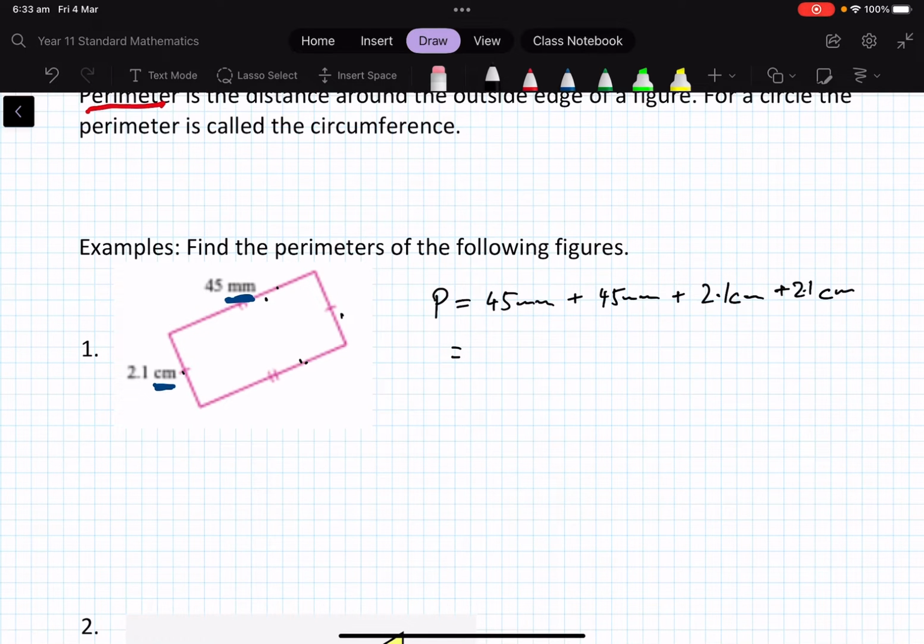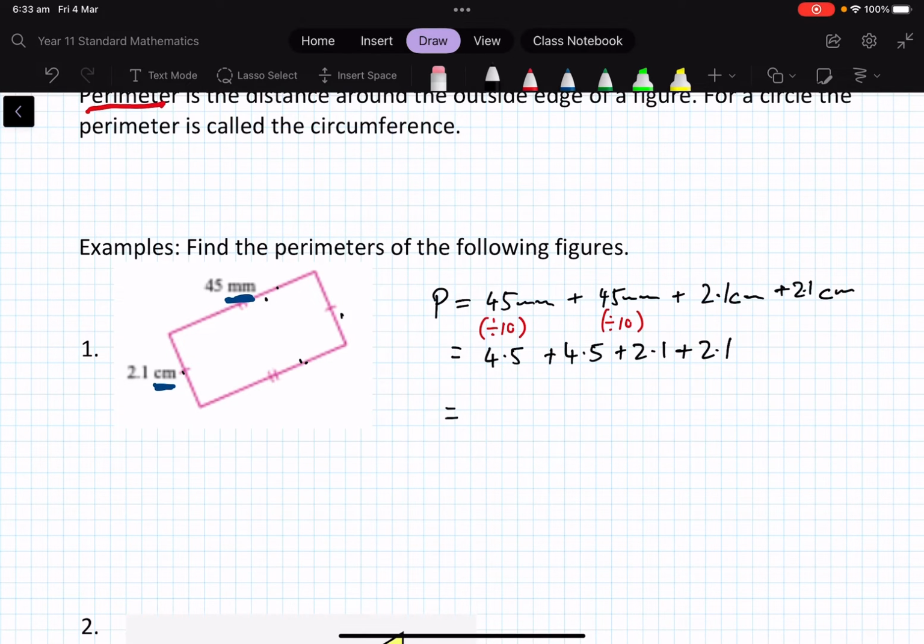So I'm going to change the millimeters to centimeters, which we divide by 10. Because we're going from a small unit to a larger unit, we divide. There's 10 millimeters in a centimeter, so that becomes 4.5 plus 4.5 plus 2.1 plus 2.1.